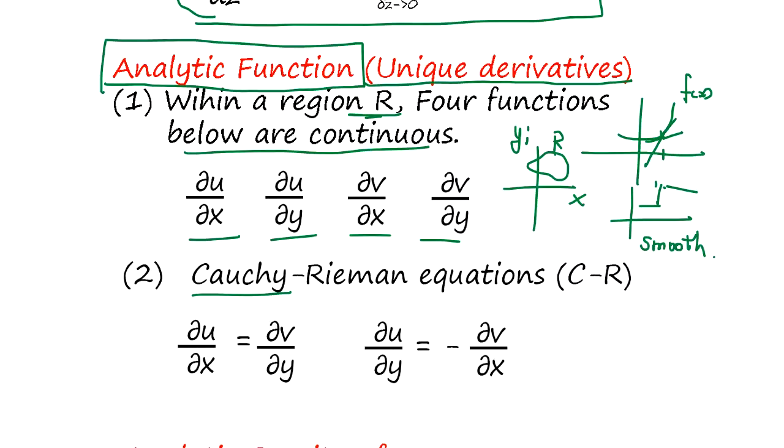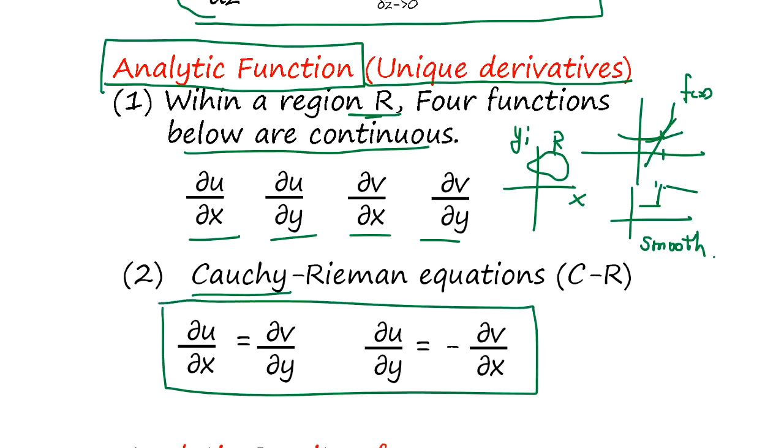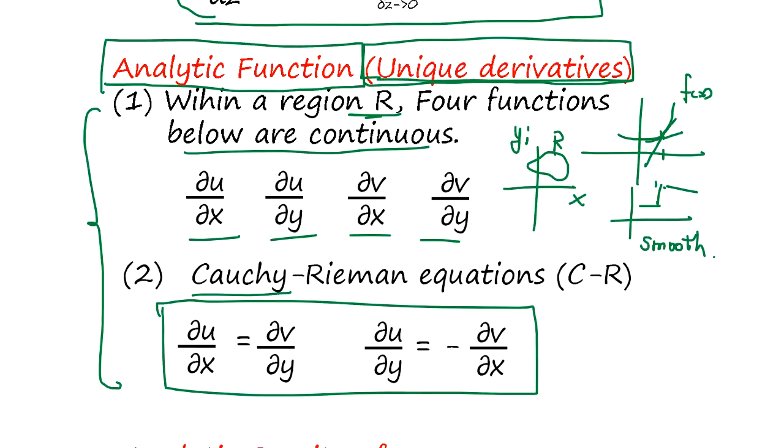It's a French name, Louis Cauchy. It could be a different pronunciation, but this is the condition. The second condition is the necessary and sufficient condition to be an analytic function, which has only a unique derivative at every point within R.